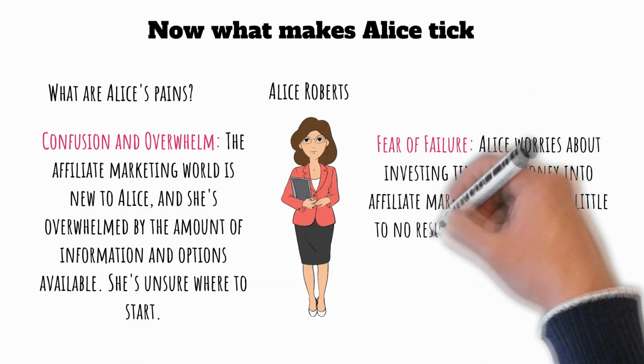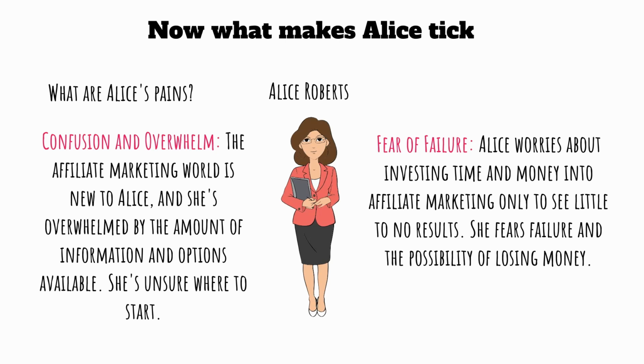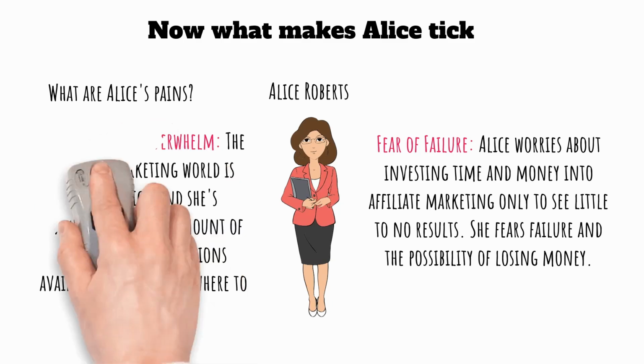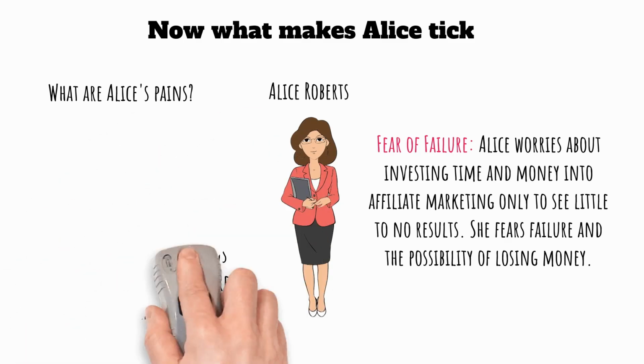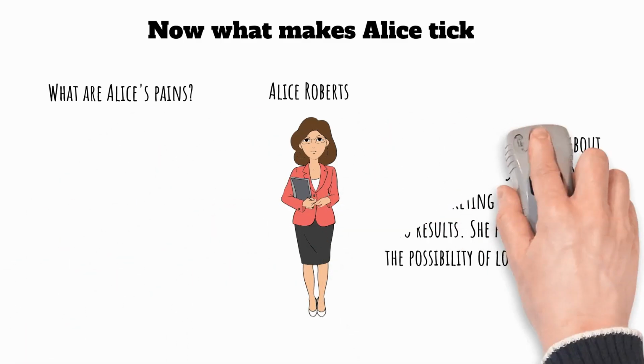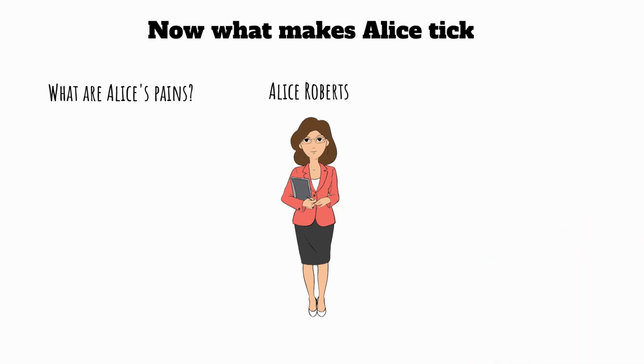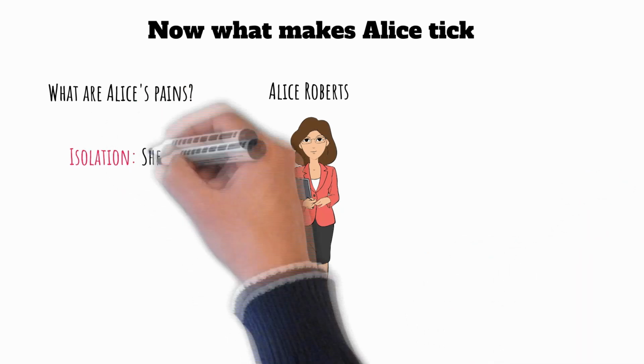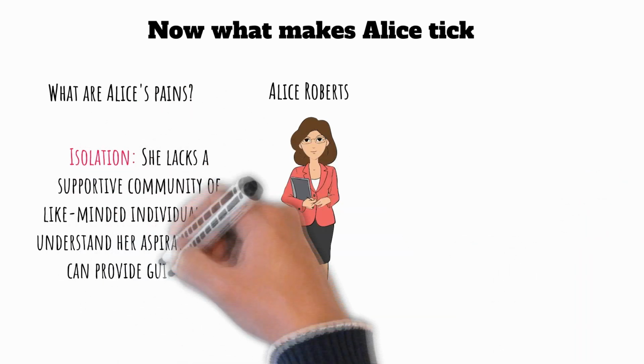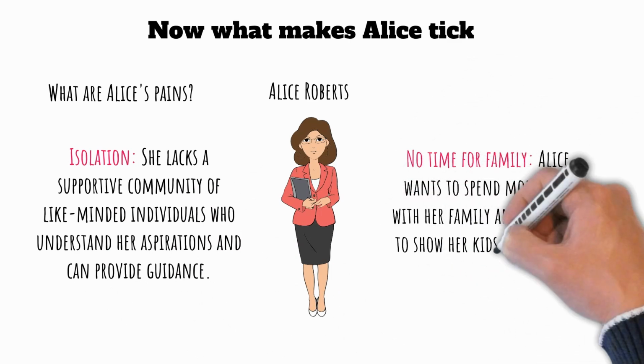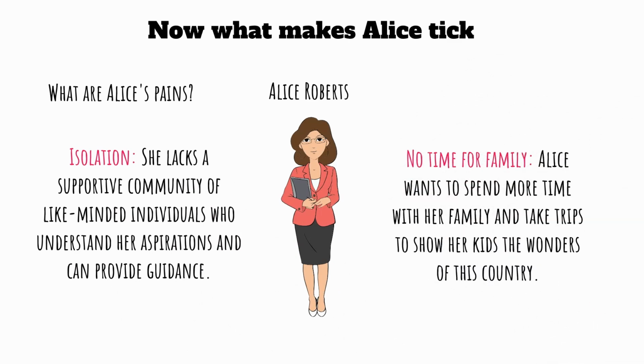Look at all of her pains. The more you know about what drives her and what pain she has, the more you can focus on how to solve those problems.